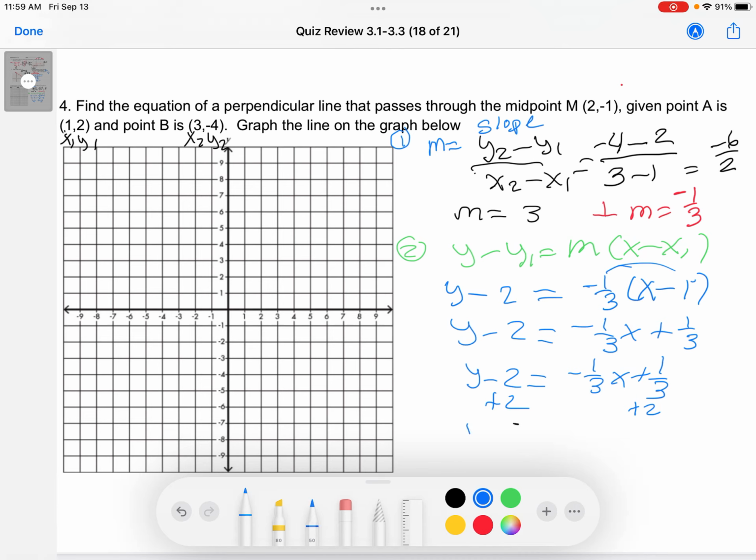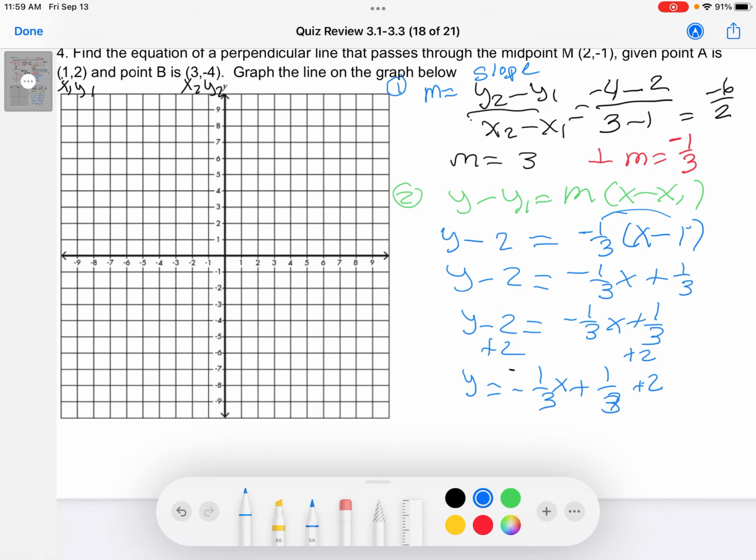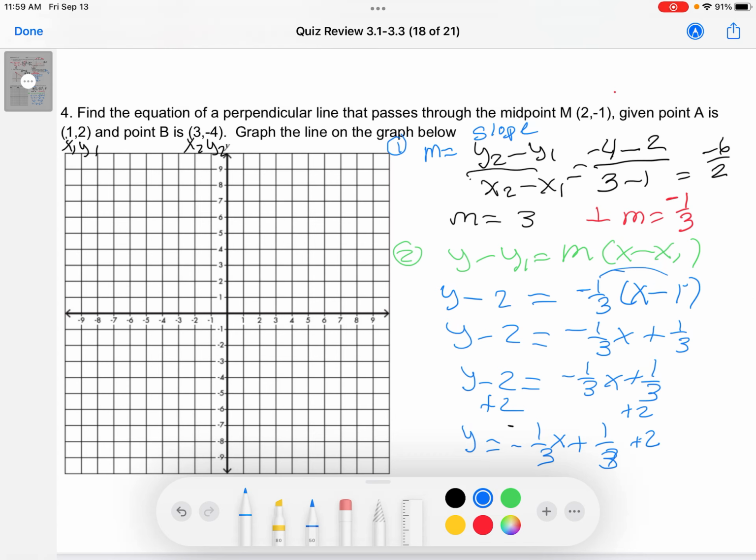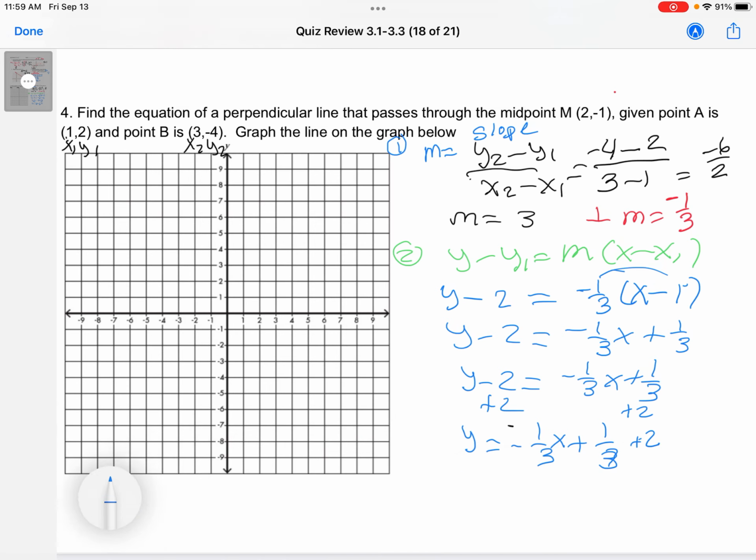So add 2 to both sides. Okay, so y equals -1/3 x plus 1/3, and I forgot the x with that first 1/3, plus 2. Let me go ahead and move this up so I can see it a little bit more.